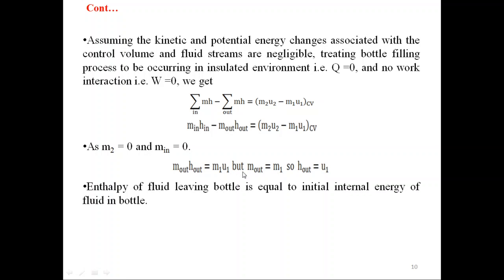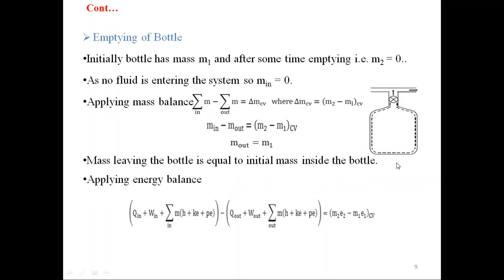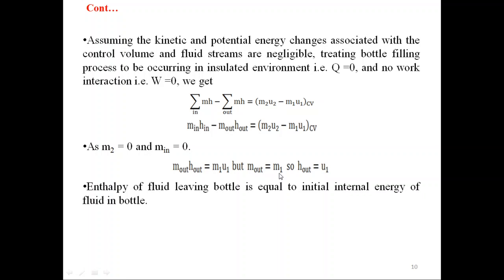But as we have already proved with the help of the mass balance, m out equal to m1. So h out is equal to u1. Enthalpy of fluid leaving the bottle is equal to the initial internal energy of fluid in the bottle.